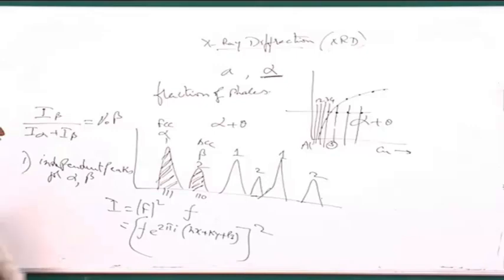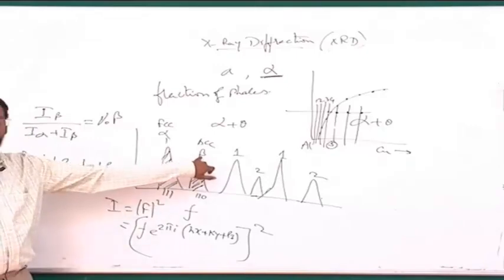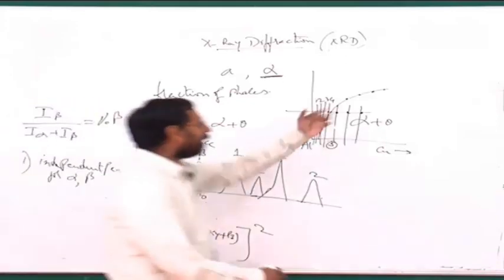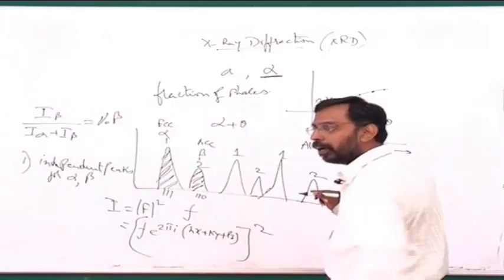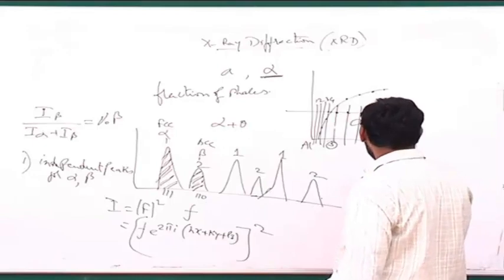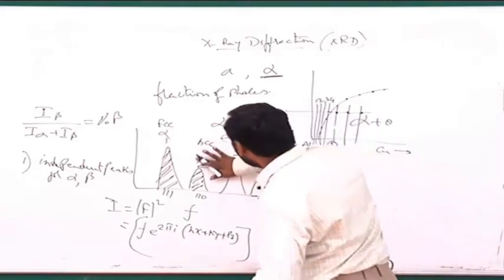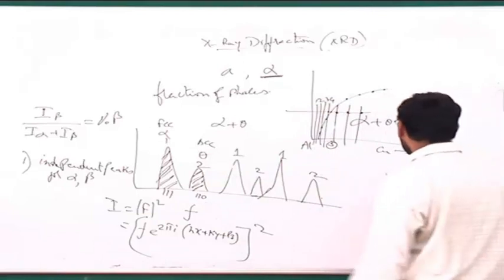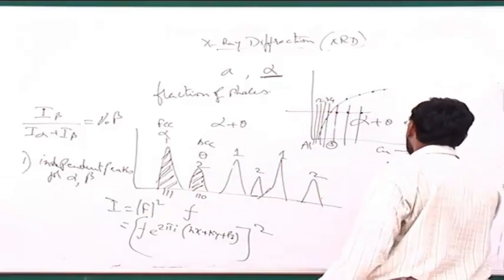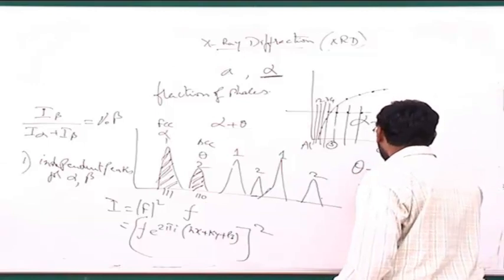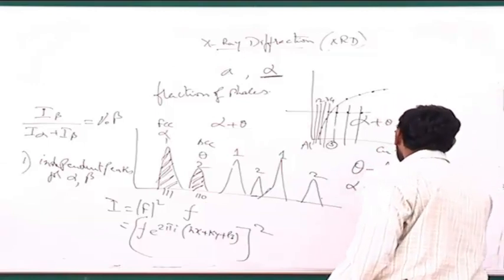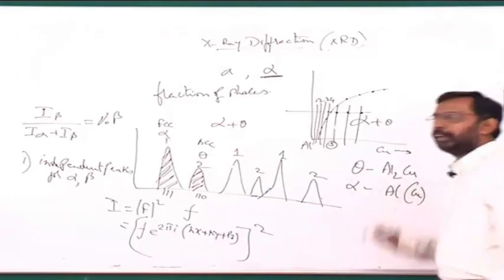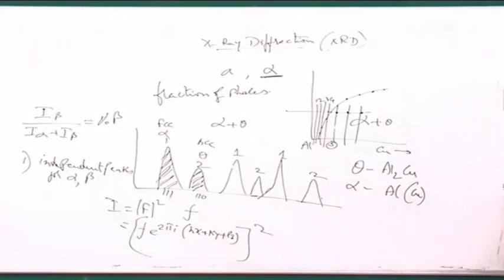So it is possible that my beta phase, if I simply take again the example of the alpha and aluminum-copper phase diagram, my alpha, let me now call this a theta phase. And what is theta? Theta is Al2Cu. Alpha is nothing but pure aluminum, more or less, with a small amount of copper in it.